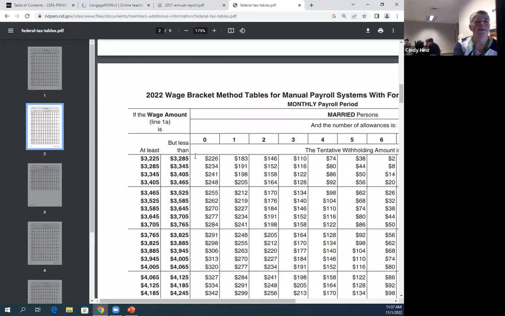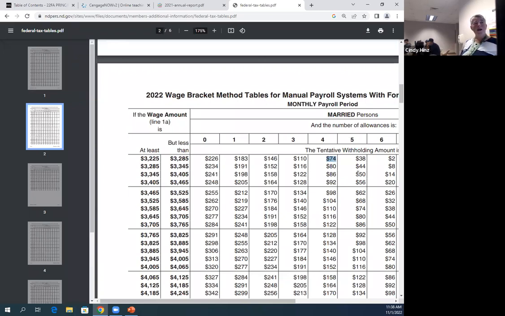And you would find, so if you were filing as a married person, married filing jointly, and this is a monthly pay period, if your pay was between $32.25 and $32.85 for the month, and let's say you had 4 allowances, they would withhold $74 from your paycheck for federal taxes.